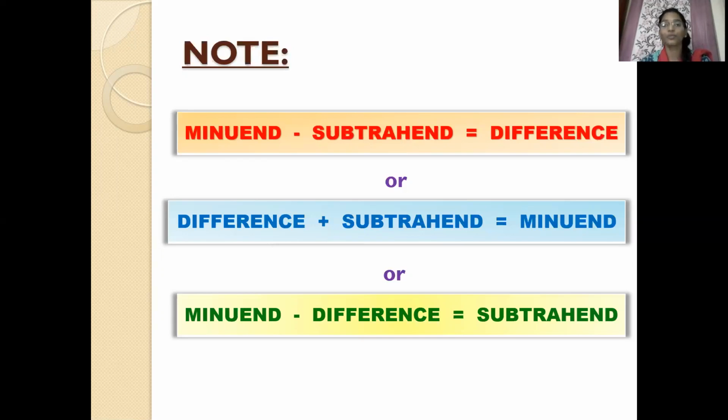I'll ask you when I start with addition involving missing digits and subtraction involving missing digits. Okay, once again I repeat, minuend minus subtrahend is equal to difference. Difference plus subtrahend is equal to minuend, and minuend minus the difference gives you subtrahend.